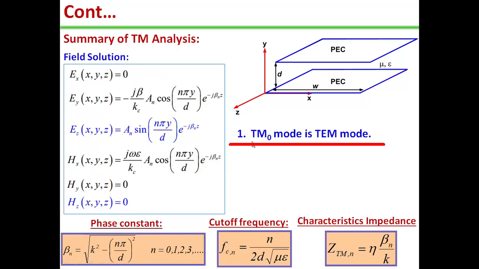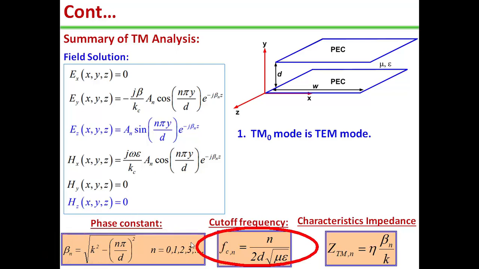And for the TM mode, we know that the TM0 mode is the TEM mode and this mode exists in the case of the parallel plate waveguide. The phase constant for the TM mode is beta n equal to square root of k square minus n pi by d whole square, where n varies from 0, 1, 2, 3 and so on.